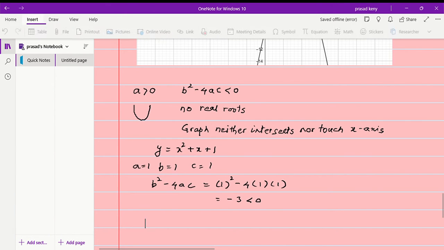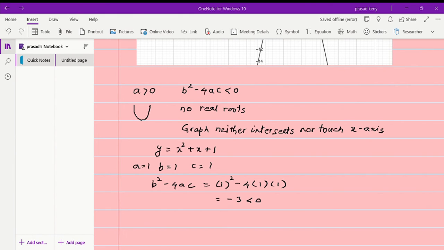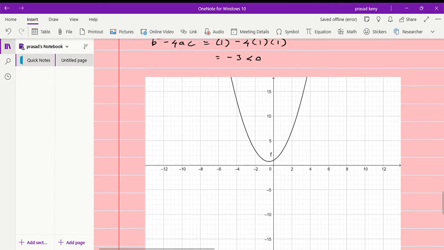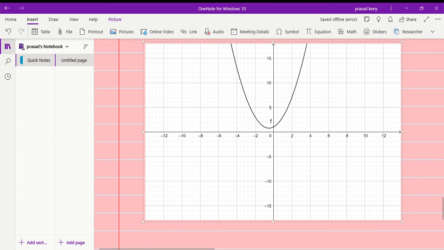So let us see this graph. So this is the graph of the quadratic function y is equal to x square plus x plus 1 and the vertex is here, and since the discriminant is negative, roots are not real, you can see that this graph is neither intersecting x-axis nor touching x-axis.